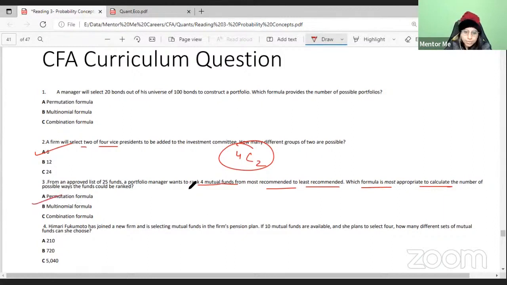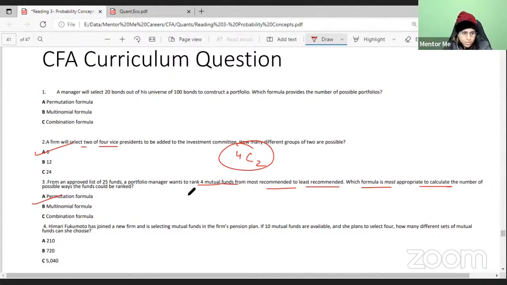Ma'am, but यहाँ पे out of the 25 funds, she wants 4 mutual funds to have an order, and the rest of the 21 mutual funds do not require order. So should it be multinomial, like a mix of permutation and combination? No, for the first 4 you have an order, but we are concerned about the 4 mutual funds only. Okay. एक टारगेट तो होता ही है ना बीच में कि आउट ऑफ द टोटल लॉट वी आर फोकसिंग अपॉन दिस लॉट, ठीक है. तभी तो वो n और r अलग होगा.